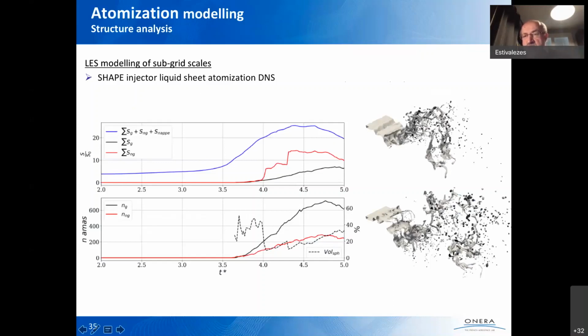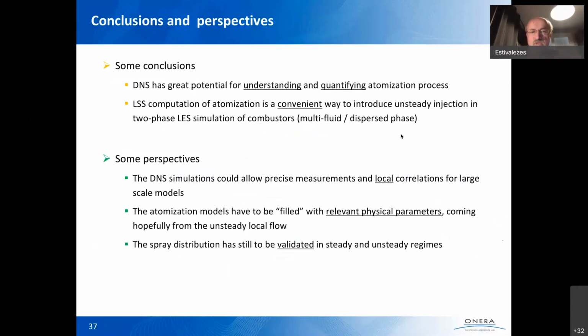You can have some mean quantity measurements, like frequency here, but it's very difficult to have detailed information on the size of the drops, the velocity of the drops, the history of the drop formation. In the simulation, by our tracking technique, you can say, for example, that these droplets come from this ligament, these come from this, and so on. So we have a fully Lagrangian tracking which can help us to really rebuild the story of the atomization.